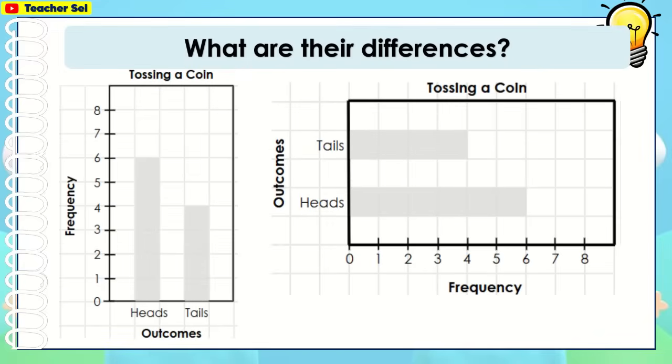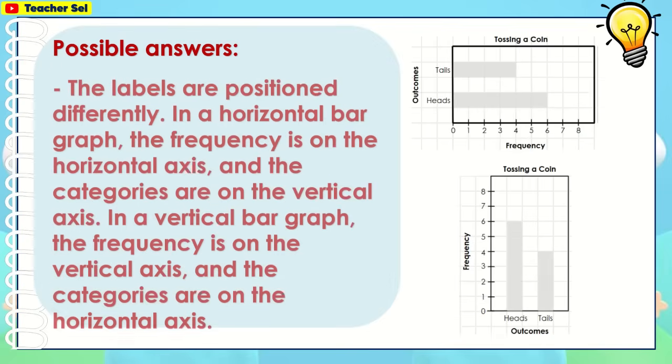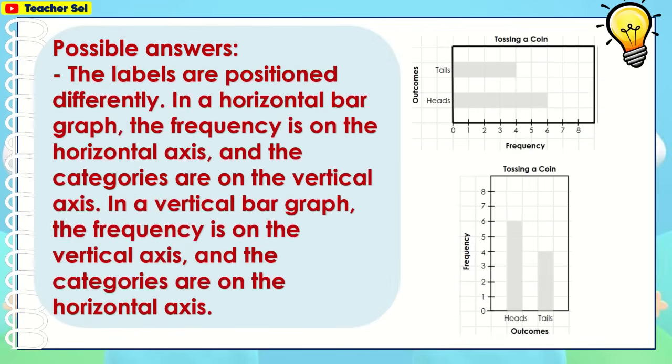What are their differences? The labels are positioned differently. In a horizontal bar graph, the frequency is on the horizontal axis, and the categories are on the vertical axis. In a vertical bar graph, the frequency is on the vertical axis, and the categories are on the horizontal axis.